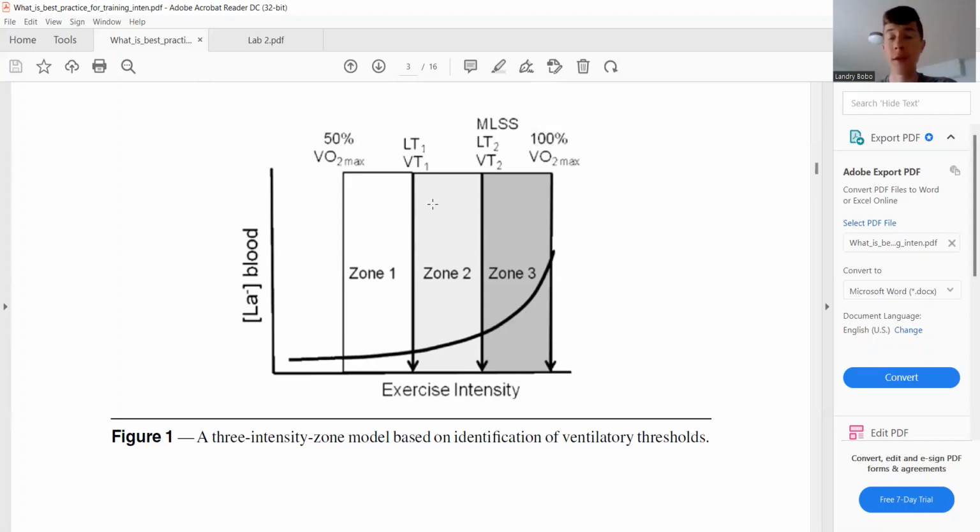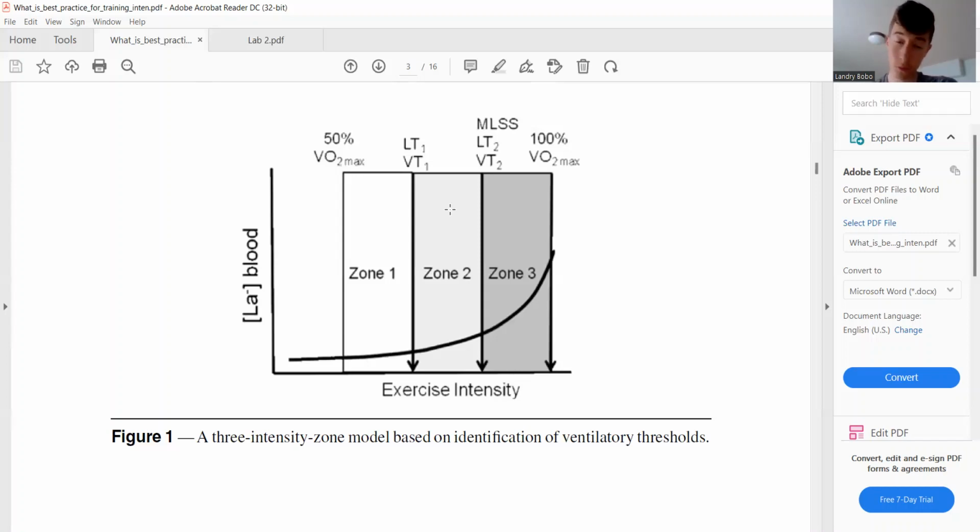If you constantly train in zone two, it's also very taxing, and as a result, you're kind of going to get a little bit stale. So we can get all the benefits we need from riding in zone one, and then some. So more than what we would see in zone two.